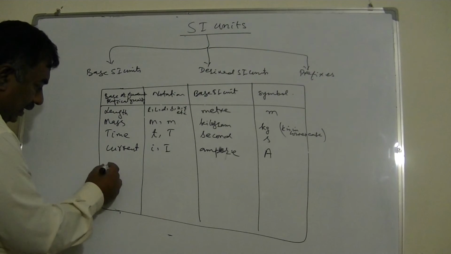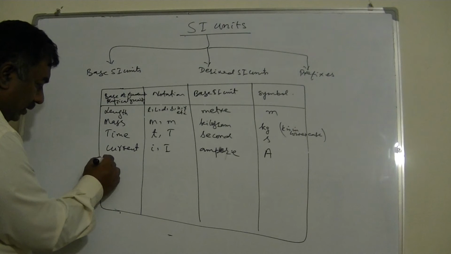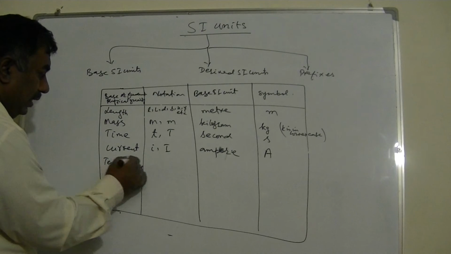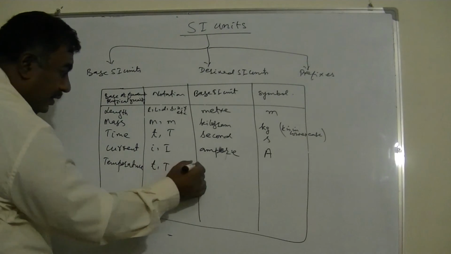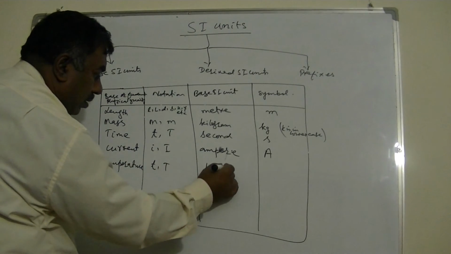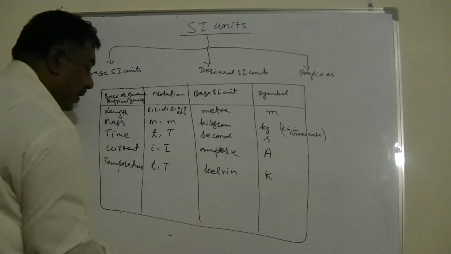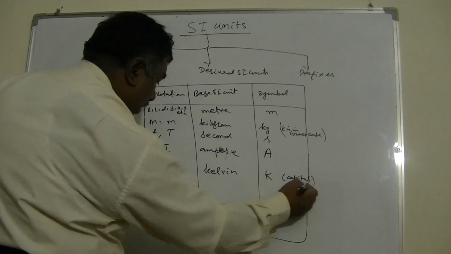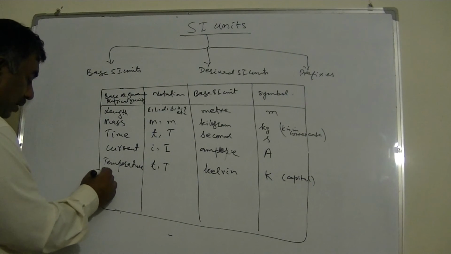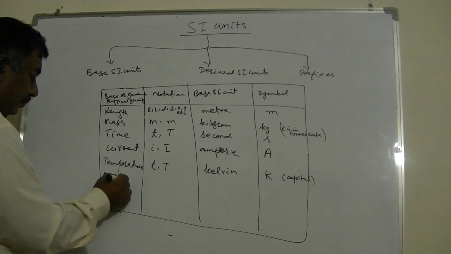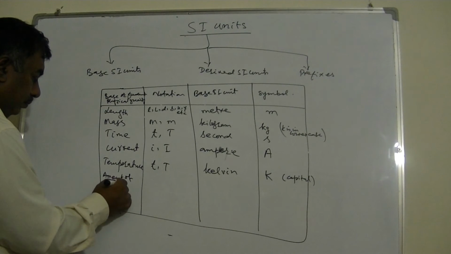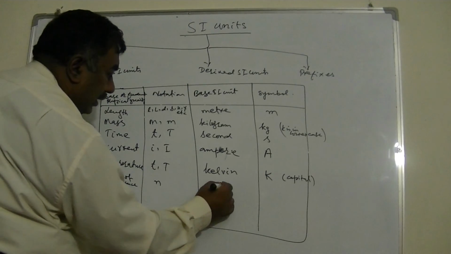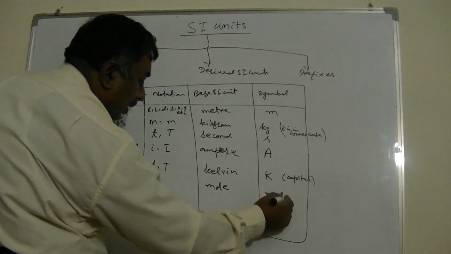Then the temperature. It's small t, capital T. Its unit is kelvin. It is capital K. Okay, K is capital. Then it is the amount of substance. It's denoted by small n. Its SI unit symbol is mol.